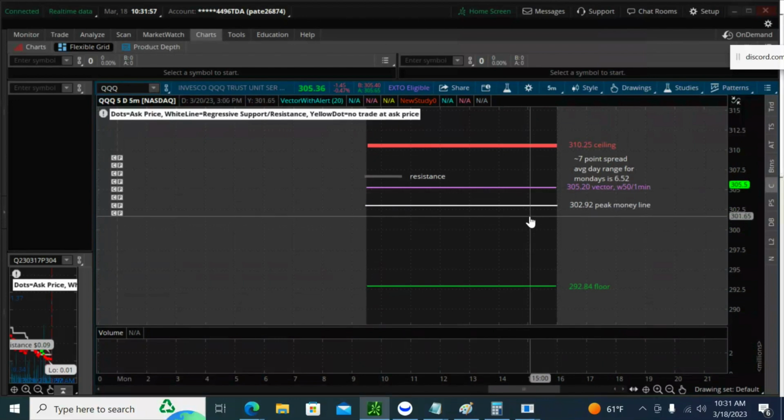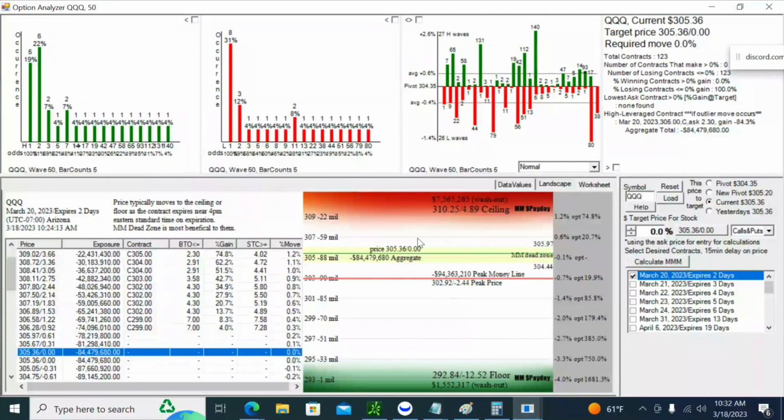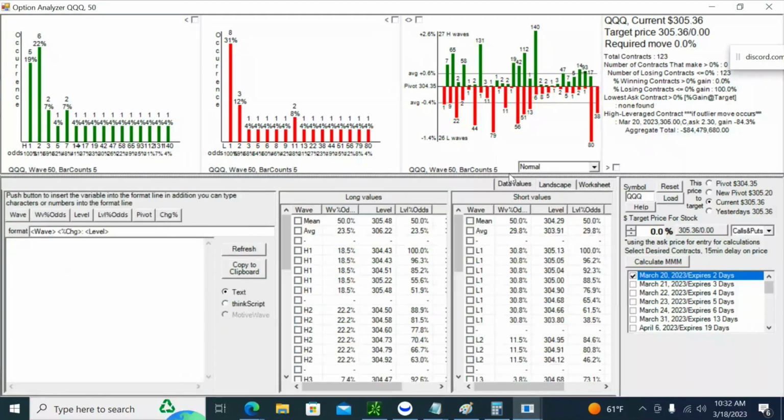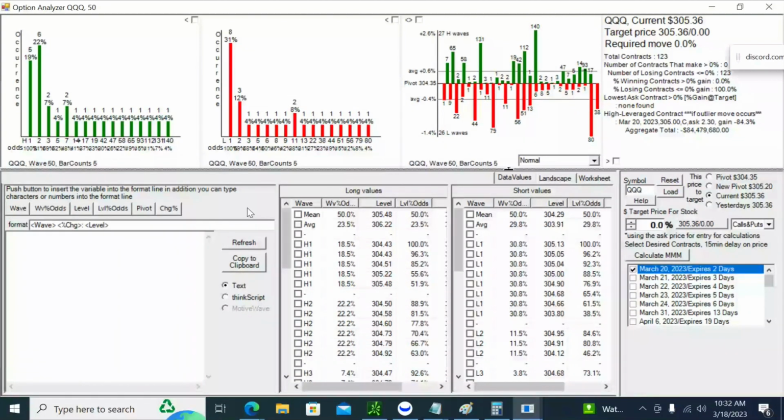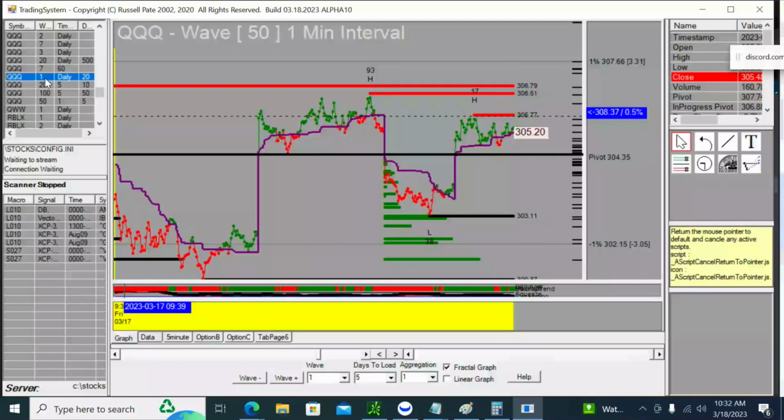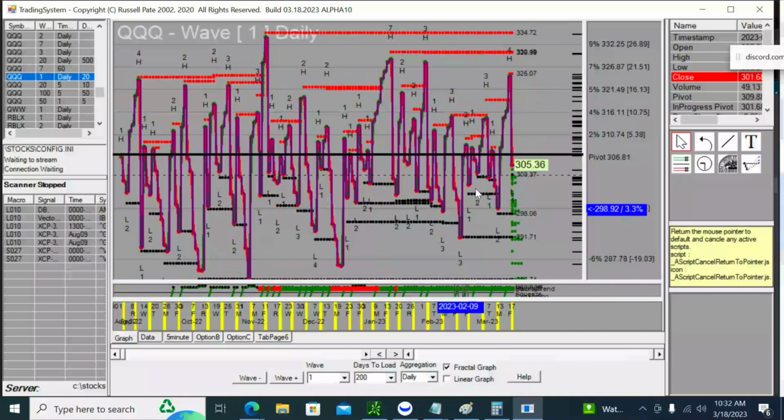So what we can do is, let me do this. I'll try to get this wrapped up and put out on the server by Monday morning. What I'm going to do is use wave one, because I always like to use ones because we have the most data.